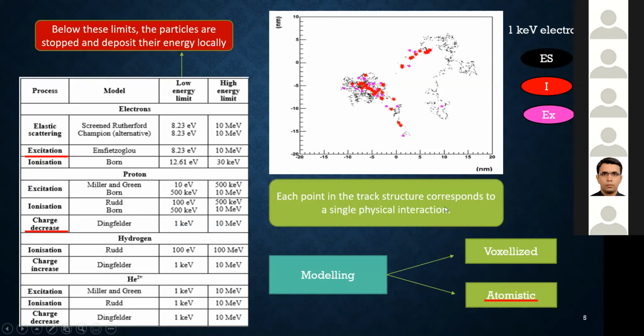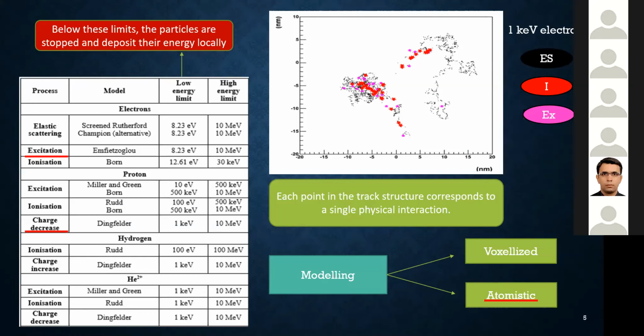But what about the modeling? We know that we are modeling something different from detectors, but now we want to model DNA and cells. We can use the capabilities of Geant4 to build these geometries.